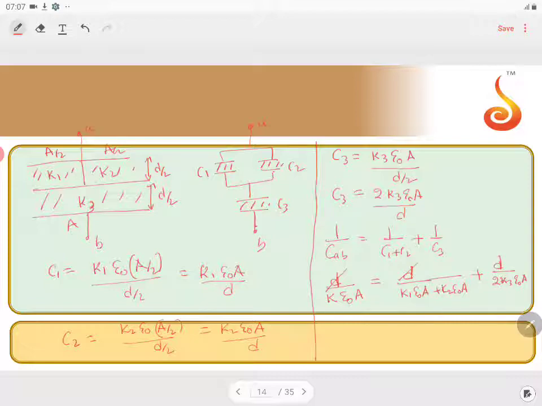D will be cancelled here. Epsilon naught A will be cancelled here. Now, so 1 by K, this is the effective dielectric constant, is 1 by (K1 plus K2) plus 1 by K3. So this is the correct option.